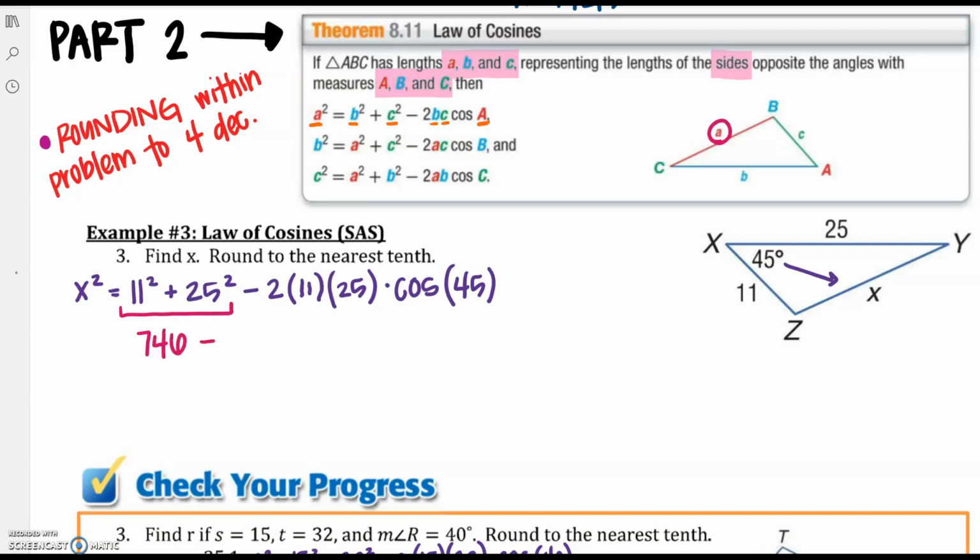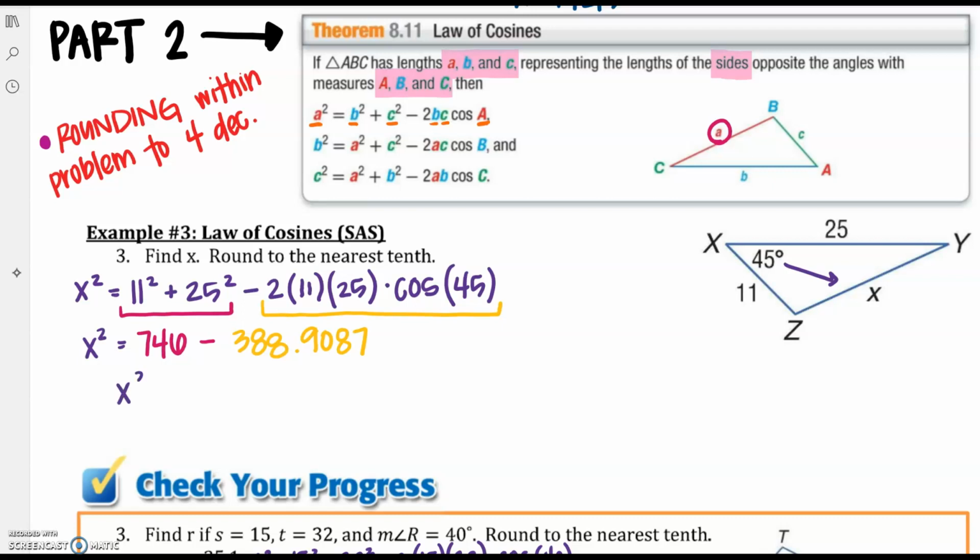Minus, and then I like to do this portion in my calculator. So that is going to come to 388.9087. Notice I go to 4 decimal places here, and that's going to equal x squared.